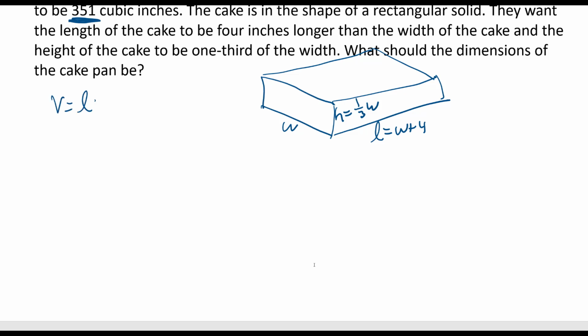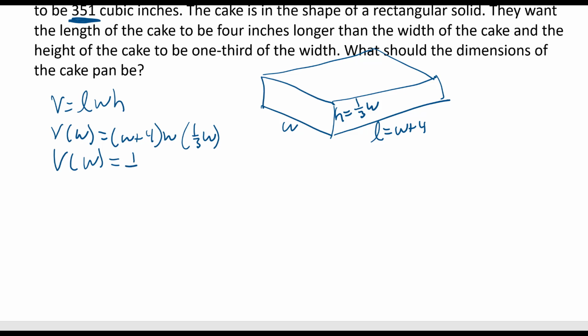Volume is length times width times height. So if we substitute to make it all in terms of W, instead of length, I'm going to put W plus 4. I have the W for the width, and then the height is 1/3 W. So our volume in terms of just W is going to be W times 1/3 W, so 1/3 W cubed.